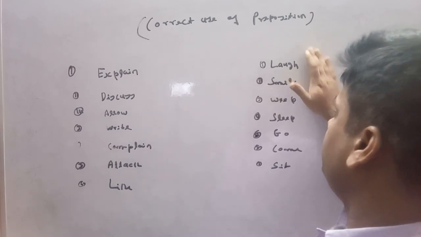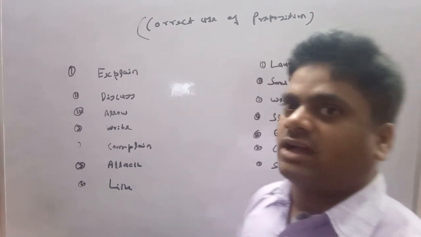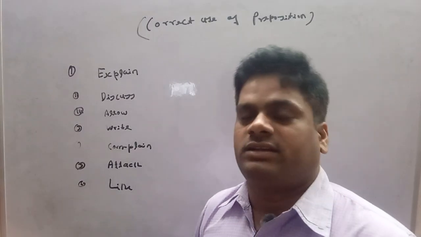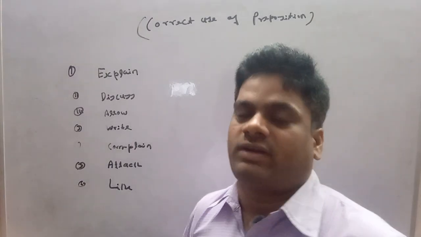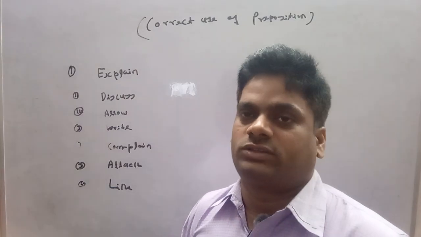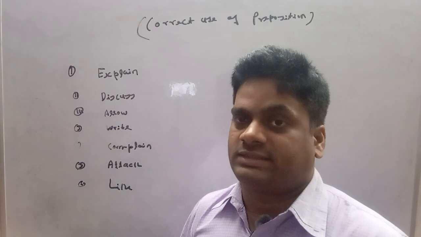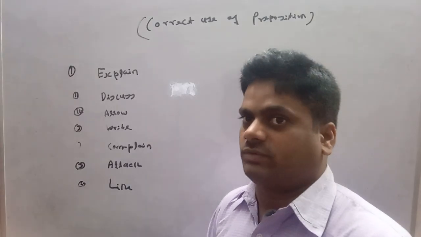If we talk about intransitive verbs, the matter is how do we identify a verb as a transitive verb or an intransitive verb? How can we identify whether it is a transitive verb or intransitive verb?